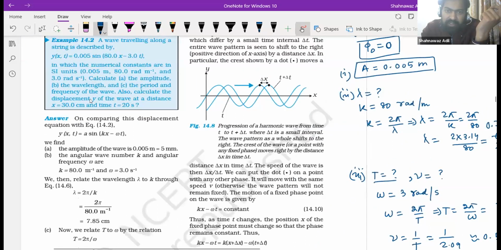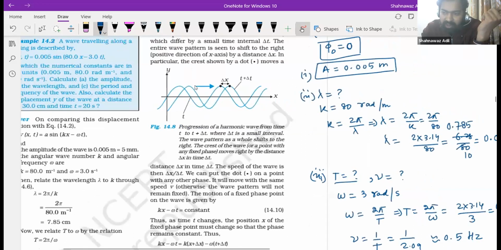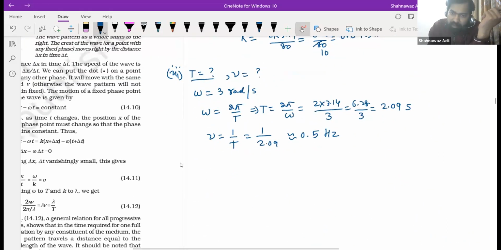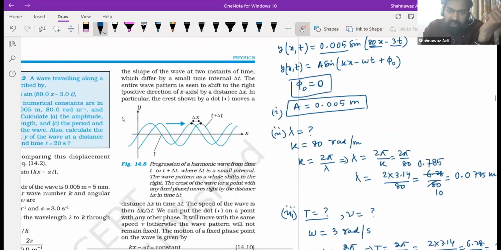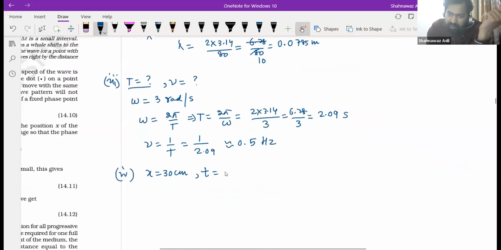calculate the displacement y of the wave at a distance x equal to 30 centimeter and t equal to 20 seconds. Right, so in the fourth part, they have given the distance, which is 30 centimeter, and time, which is how much? Time is 20 seconds. So time is given as 20 seconds, right?